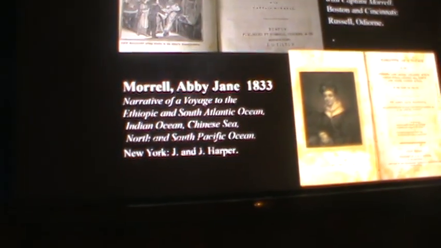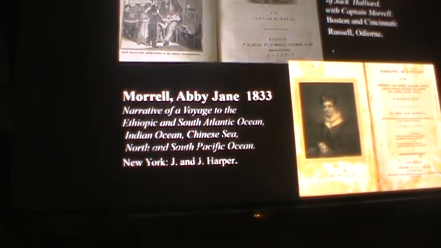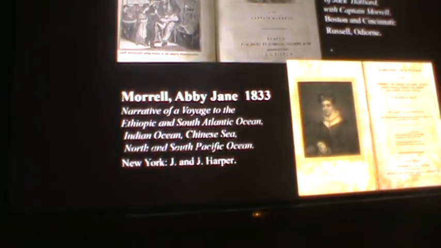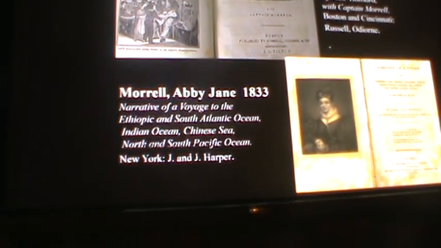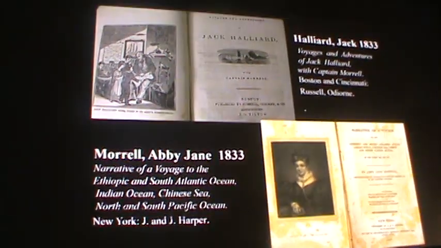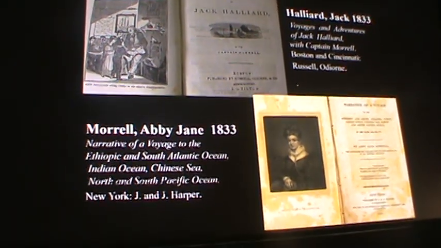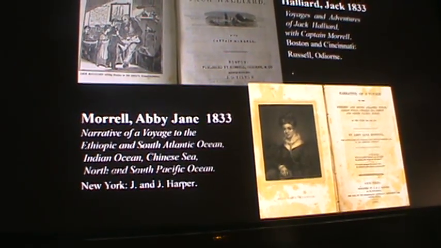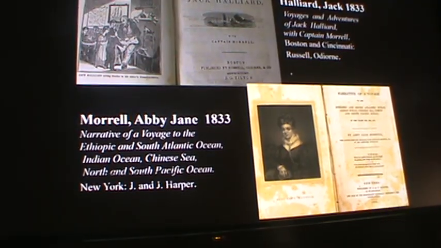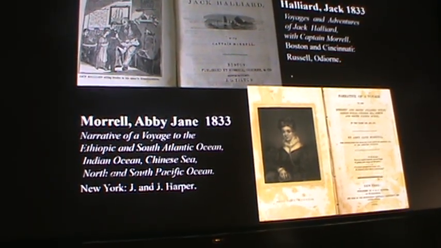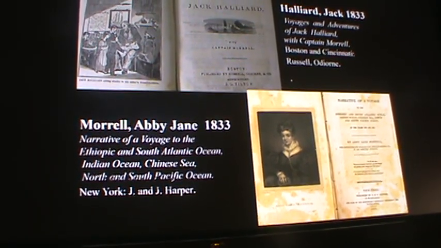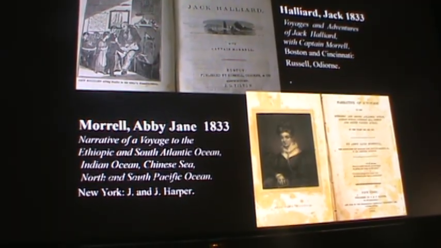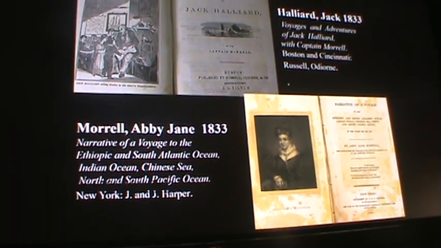As well as his book, there were 2 other books, one by Jack Halyard, which is a sort of seaman's tales for children, more or less, and he didn't get on well with the captain. And the other book, on one of the voyages, is by his wife, Abby Jane Morrell. And the attitude is somewhat different. It's a bit hard to think they were on the same ship.